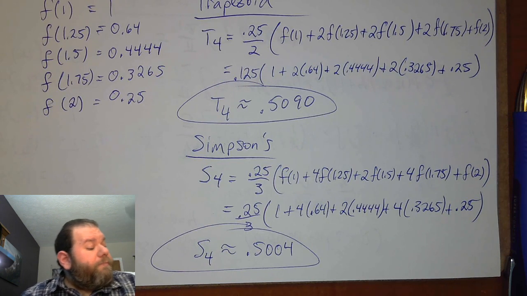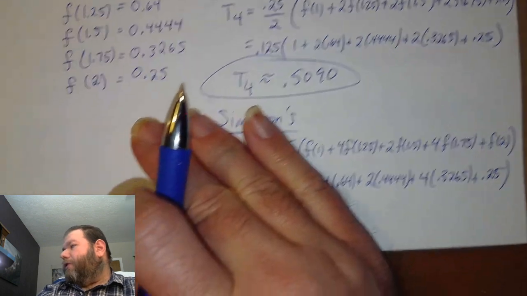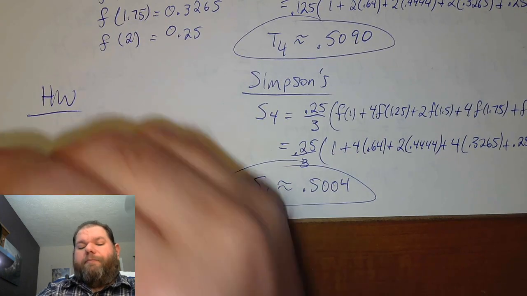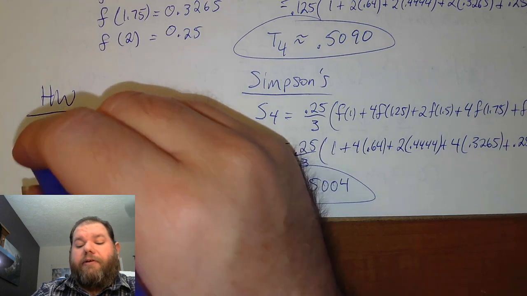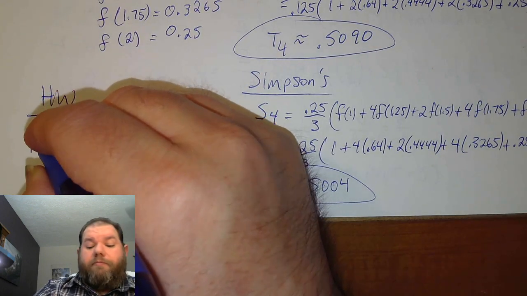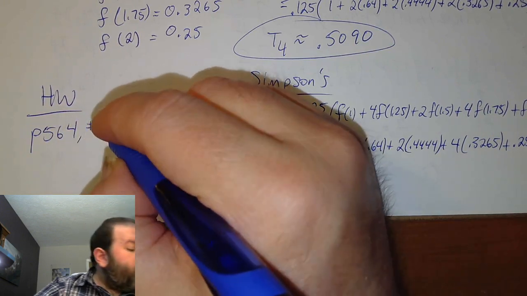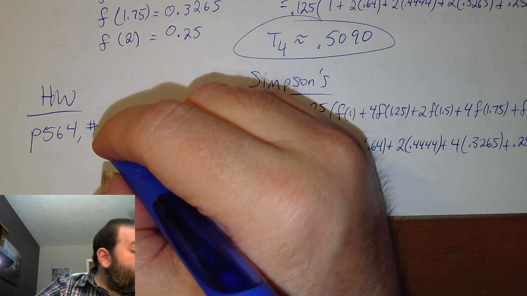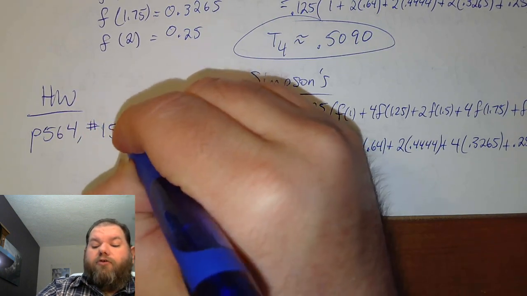Anyway, let me go ahead and just give you homework, I think, because we're already at about an hour and a half. I don't really want to dive into anything else right now. On page 564, look at number 15 and 23.